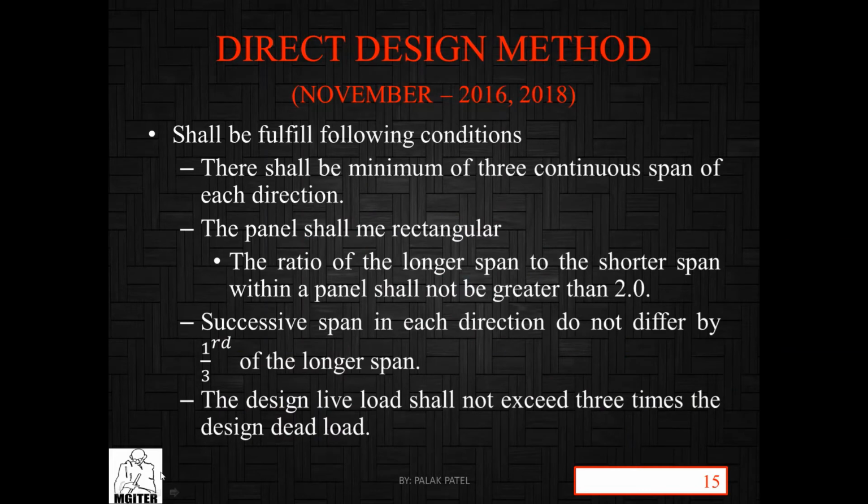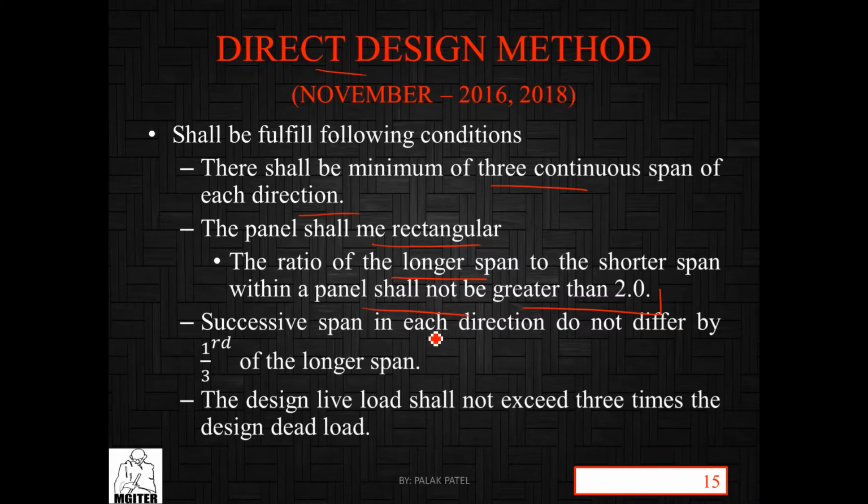Now some conditions must be fulfilled because we are using the direct design method. First condition is 3 continuous spans in each direction. Panel shall be rectangular. Ratio of the longest span to the shortest span within a panel shall not be greater than 2.